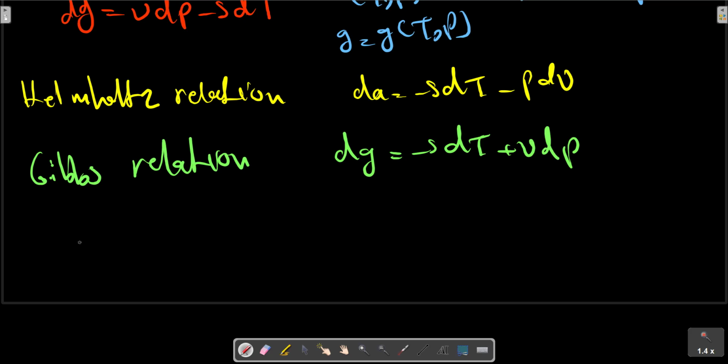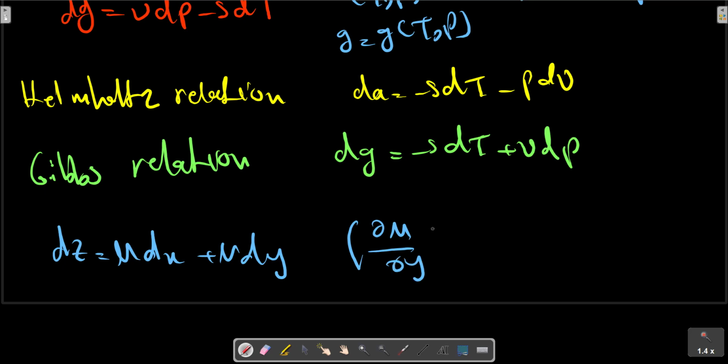dz equals M dx plus N dy. In which the equations relate the coefficients M and N in the following form.